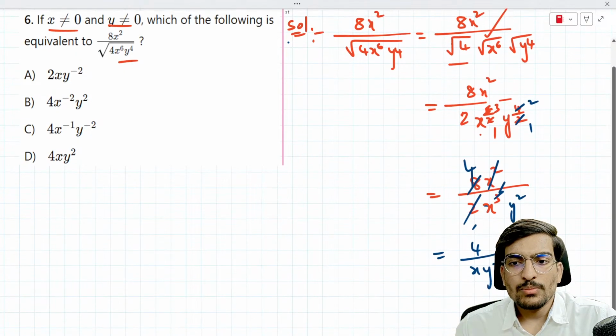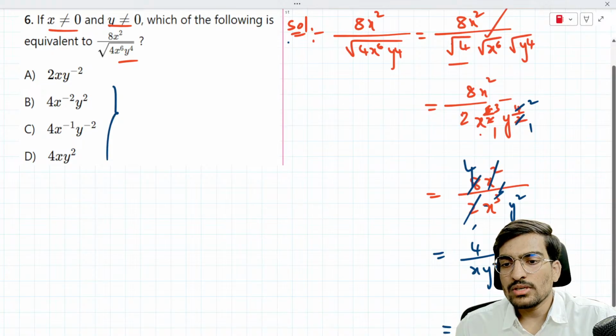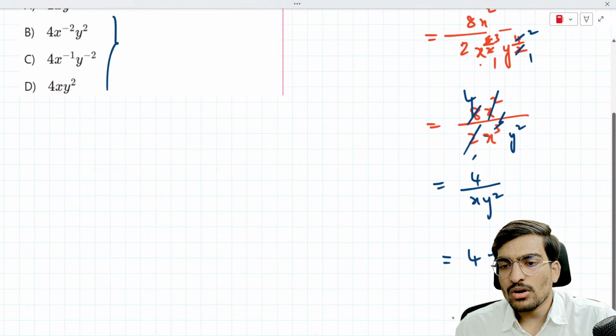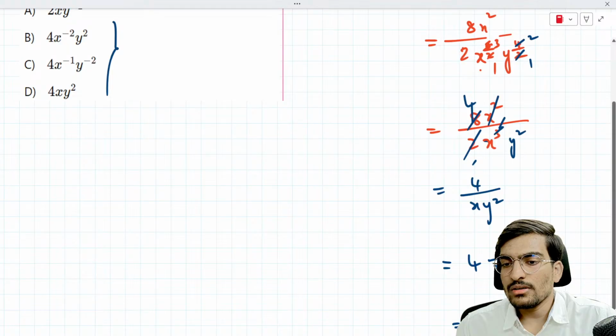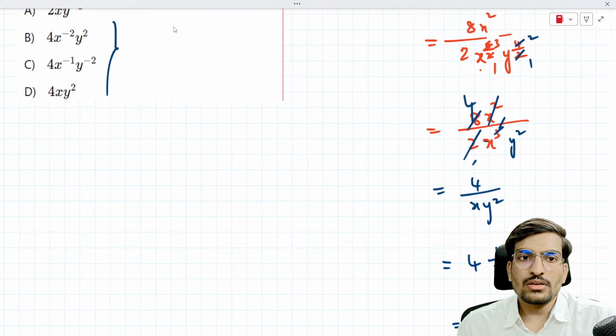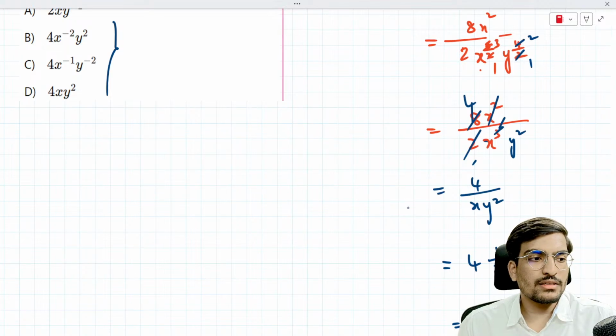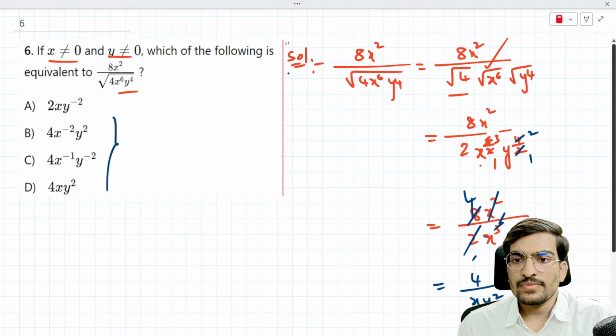But there is such the kind of thing like denominator part. So how do we write 4? 1 by x and 1 by y square. So how do we write this? 4x raised to the power of negative 1, y raised to the power of negative 2. Hope you learned how to represent the negative value of x. Okay, I can understand that the thing right side what I wrote is not visible.